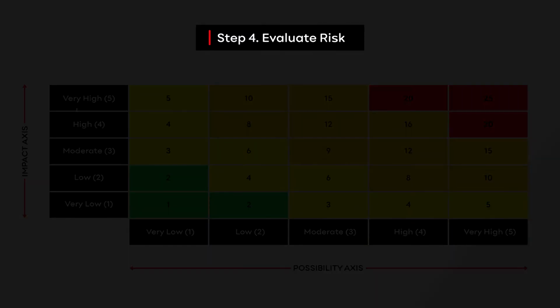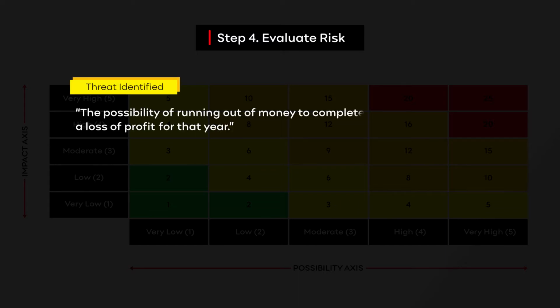Let's use an example. An example here, as you can see on the screen, is a threat identified. The possibility of running out of money to complete project A may lead to a loss of profit for that year. So that is one risk, that is one threat you've identified to your business.